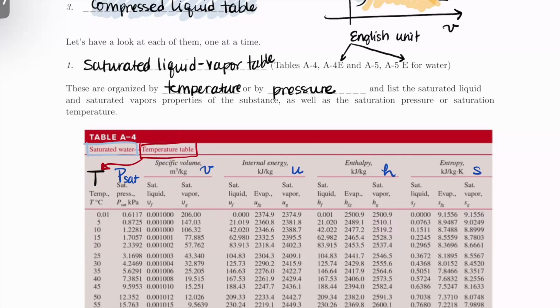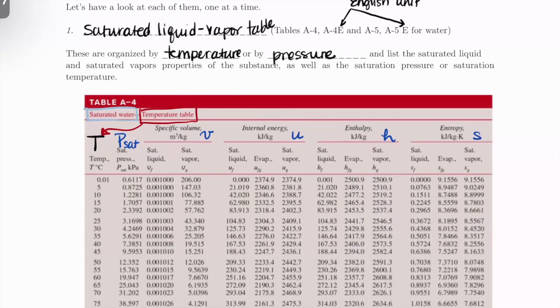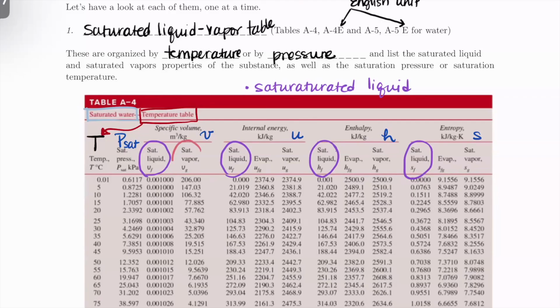Okay, so for each of these, we will have quantities for the saturated liquid boundary right here. So these all correspond to saturated liquid. And then on the other side of the curve, we have our saturated vapor.